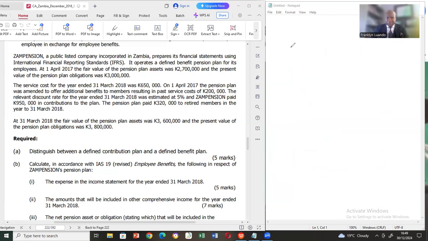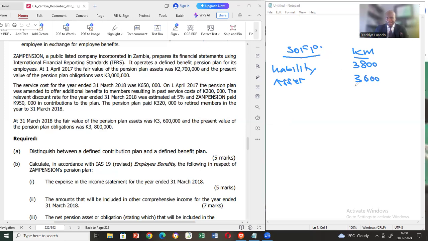So in the statement of financial position, we have liability at the year end, 38. Then pension asset, 36 at the year end.